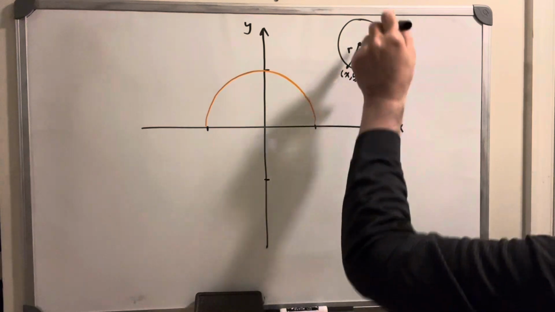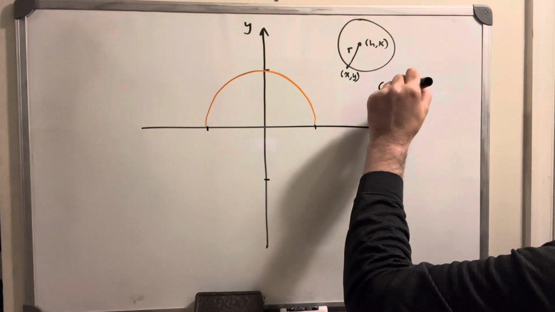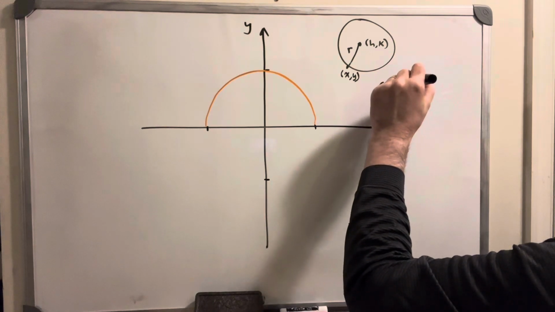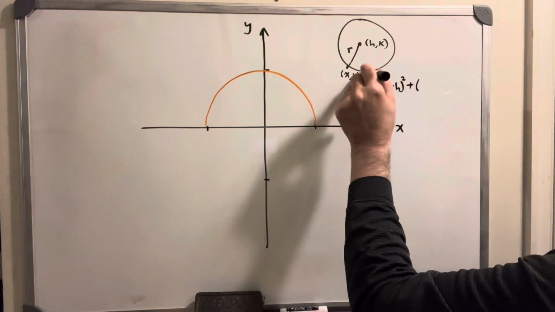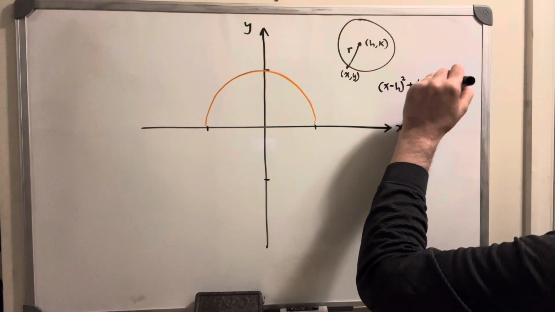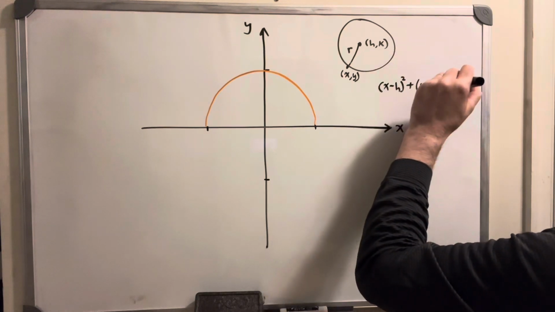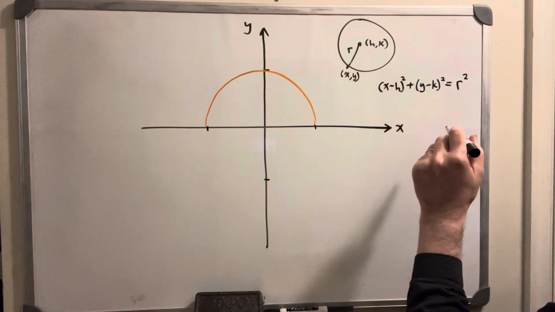And what it comes out to be is, for any x, y: x minus h squared plus y minus k squared equals the radius squared.